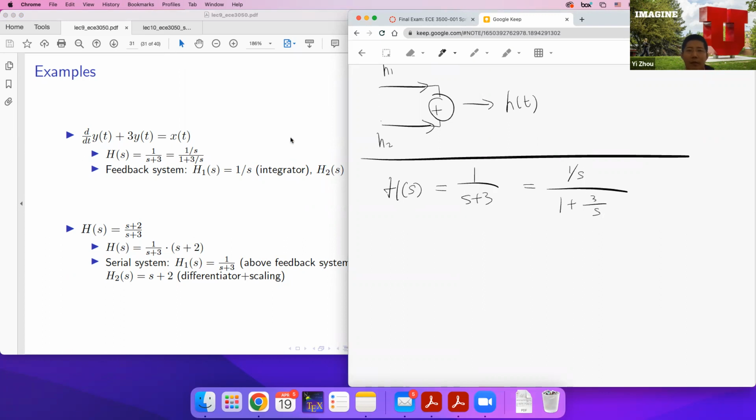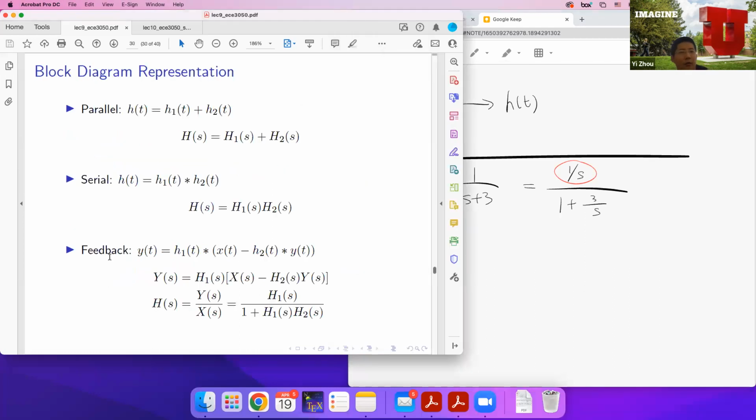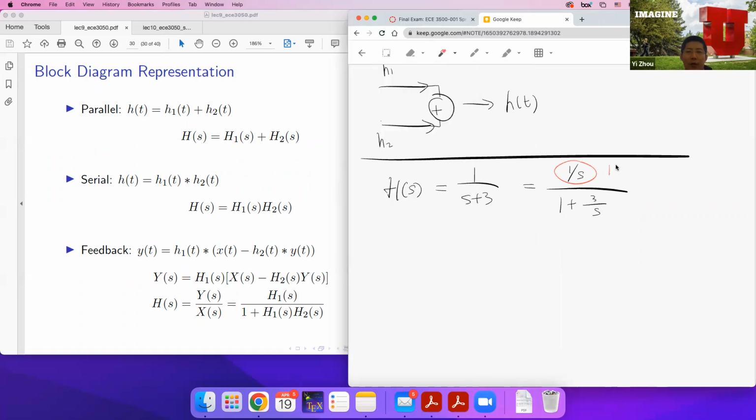And then we can compare this with this feedback system. So this would be our H1(S), right? And it's 1 plus, here we can view this as 1 over S times 3.